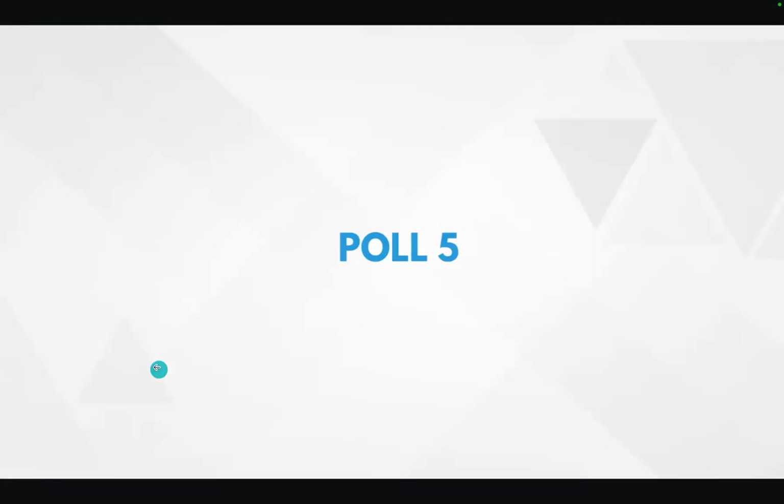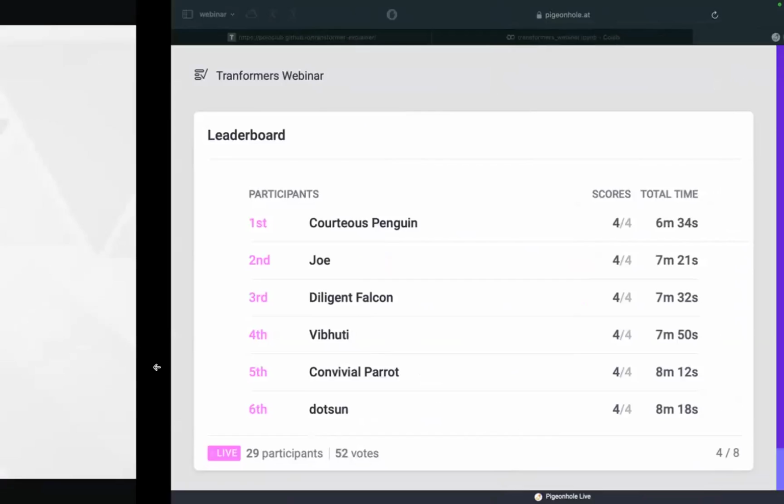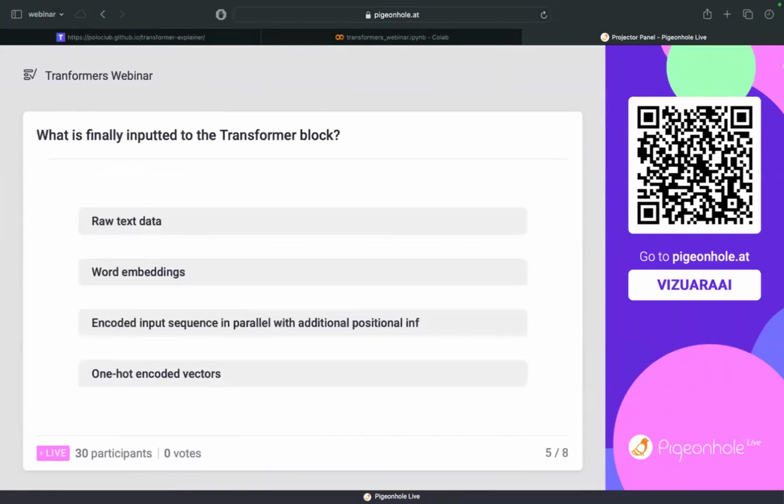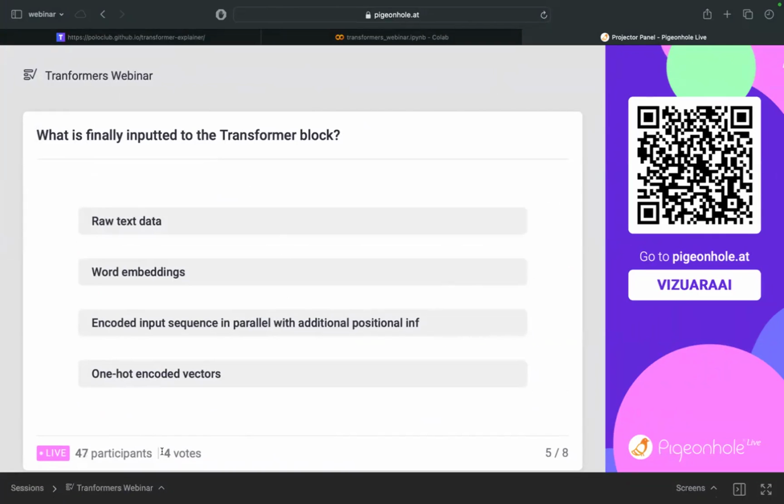Let me just go to the poll again. It's not open. Okay, this is the next question. Can you try to answer this? What is finally inputted to the transformer block? Just to see if you understood this exactly. I can see that there are 4 votes.